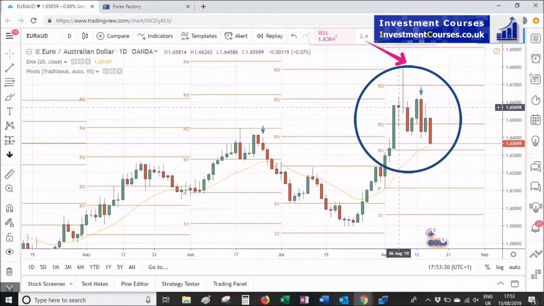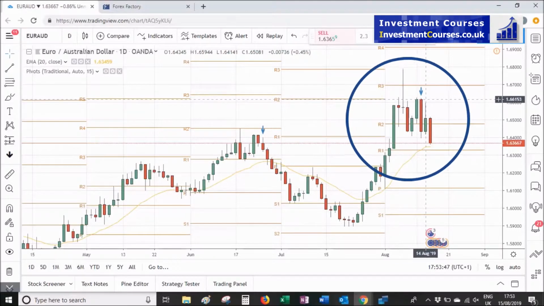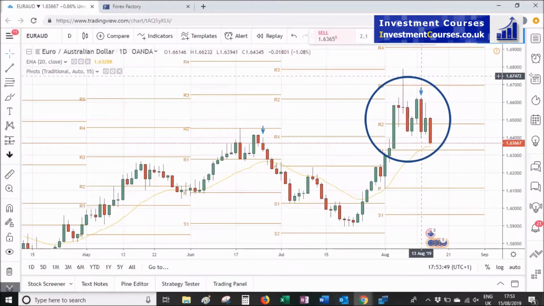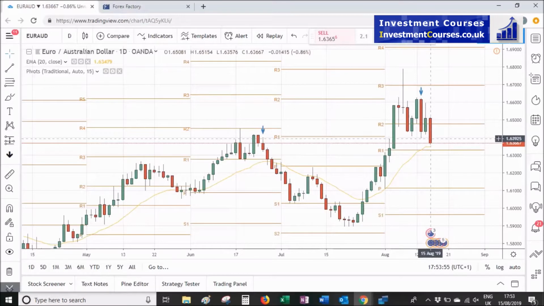Seller took the power, and they even pushed the price further down. So the next time that the price is going towards this R3, I know the R3 is an important level, and I know price could never be closed higher than this level. So I took my short position here, and I put my stop loss above this R3, and now you can see that the price is starting going down.